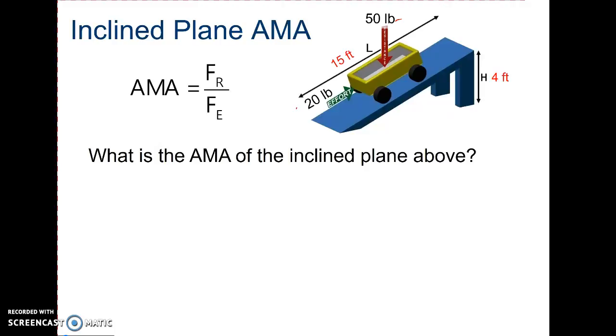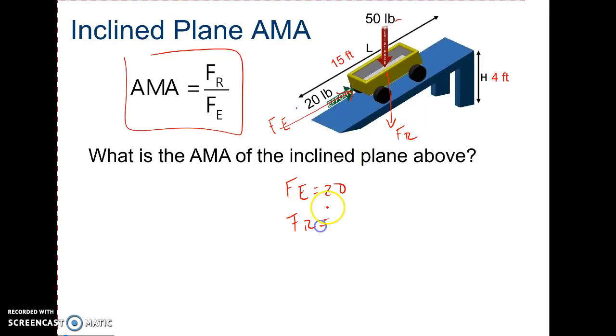Okay, and what about the AMA? The AMA is going to be the equation that we're familiar with, which is the force resistance over the force effort. And again, the force resistance is going to be the force of gravity. And the force effort is going to be what effort force we're applying to push this particular cart up the ramp. Okay, so if we know our FE is going to be 20 and our FR is going to be 50, then we can solve for our AMA, which is 50 over 20.